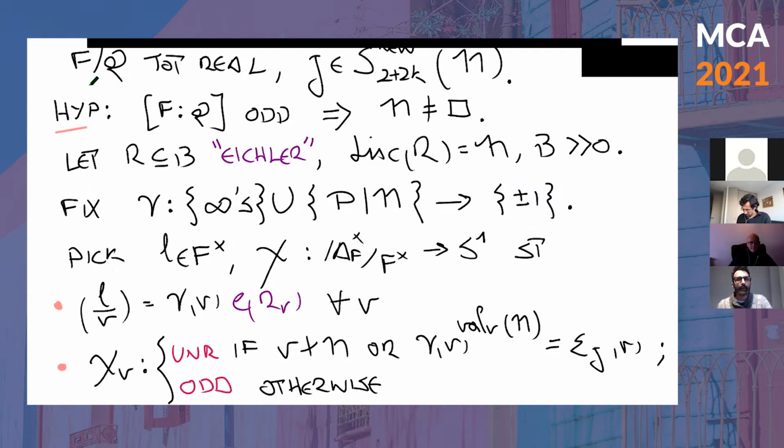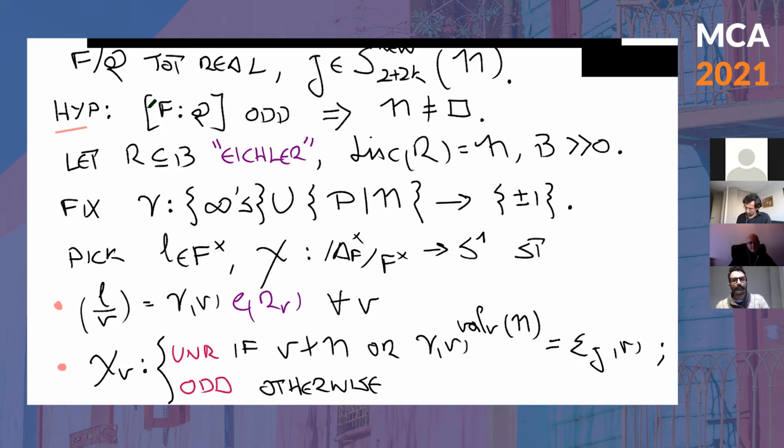I'm going to fix a totally real number field F, and we will pick a newform g of in principle arbitrary level n and arbitrary weight. Well, this is not completely true. We must make some hypothesis here.